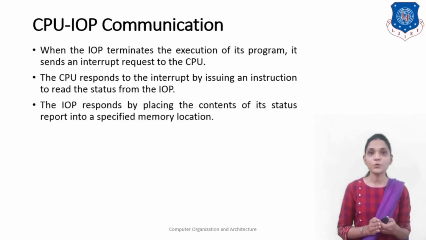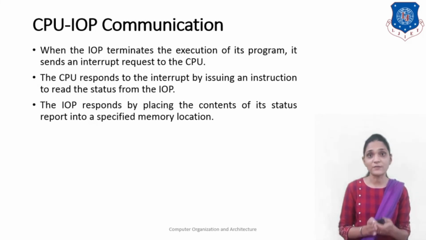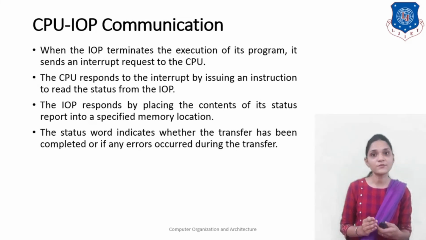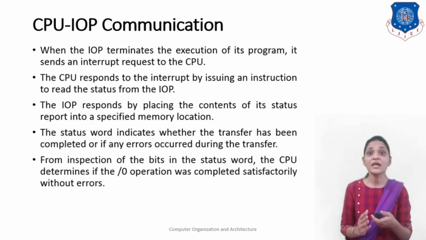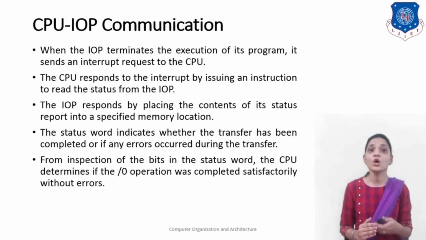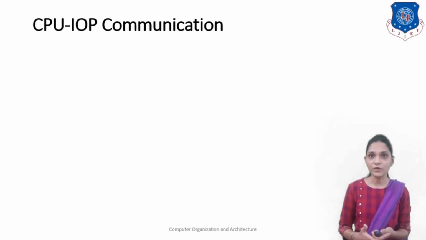The IOP responds by placing the content of its status report into a specified memory location, and that status word indicates whether the transfer has been completed or if any error has occurred during the transfer. From inspection of the bits in the status word, the CPU determines if the IO operation was completed satisfactorily or without error or not. So in this way you can use this IOP communication.